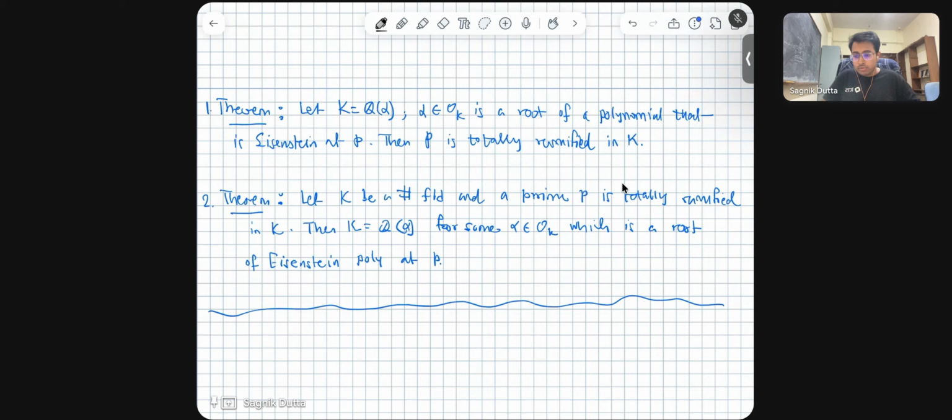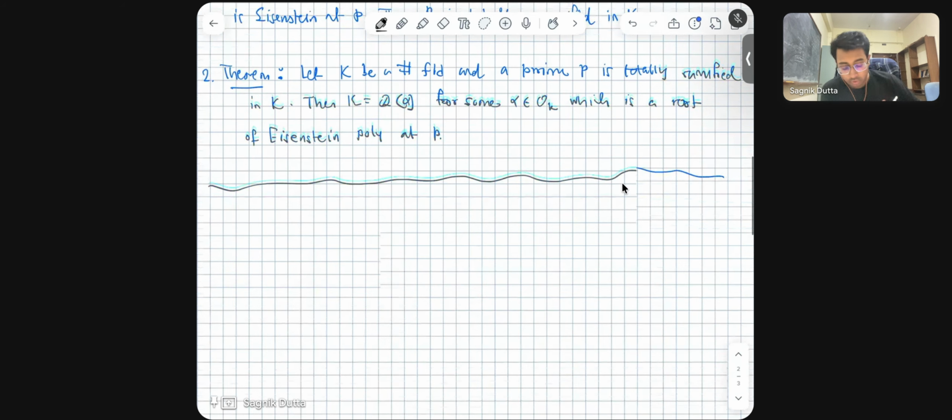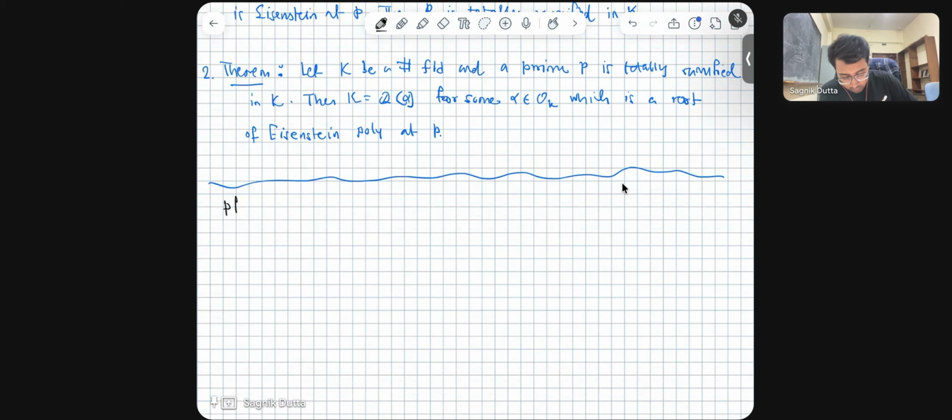So how do you proceed? Let's start with the polynomial. So this is the proof of theorem 1. You write the polynomial, let's write it as this.